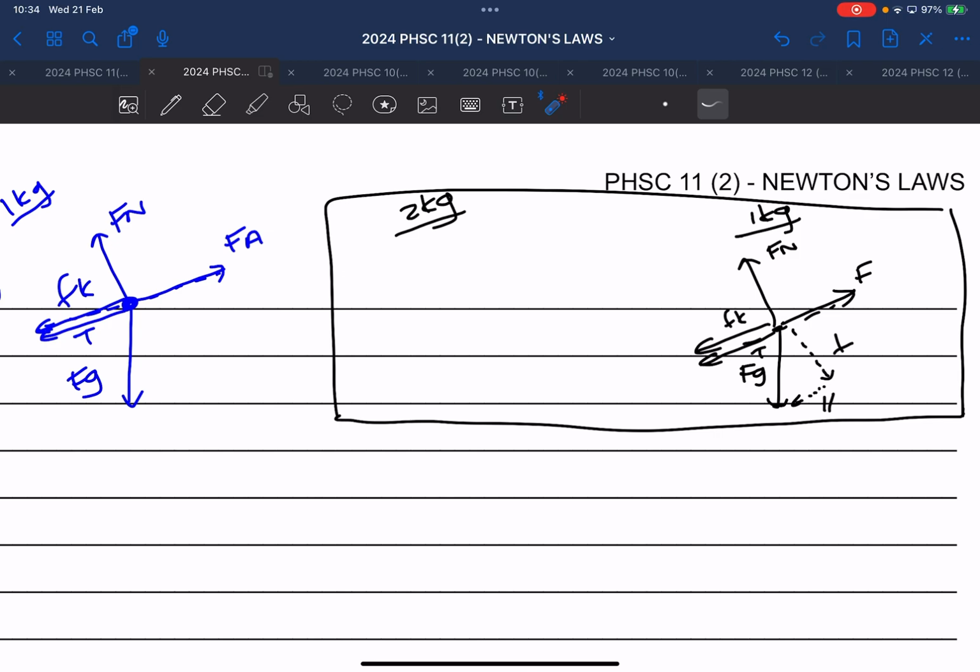Zara, for the 2 kilogram, give me the forces acting there, please. And? Away? Where? Left or right? Yes, to the right.